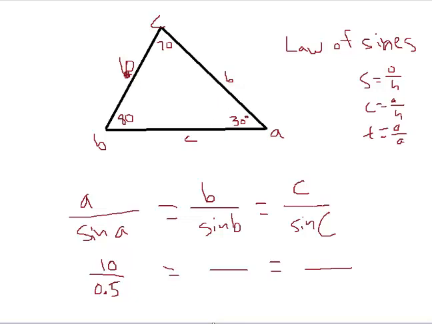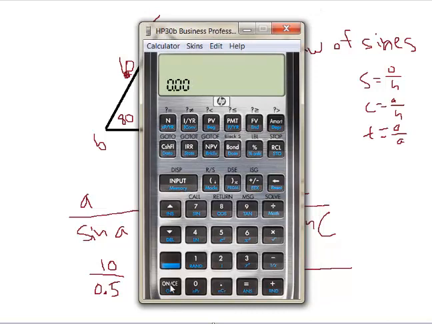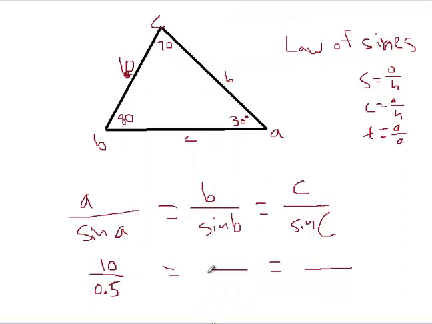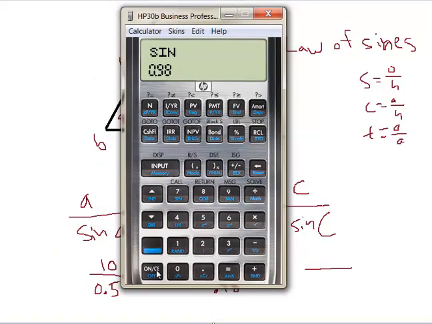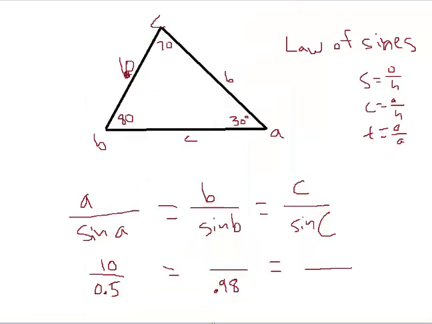Angle B is 80, and the sine of 80 is 0.98, so we'll put 0.98 over here. And what about the sine of C? C is 70, and the sine of 70 is 0.94, so we'll put 0.94 over here.